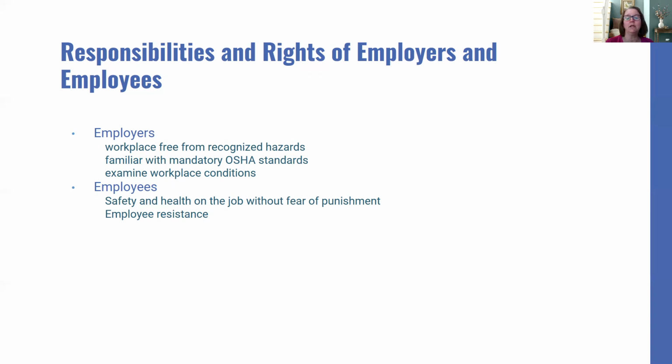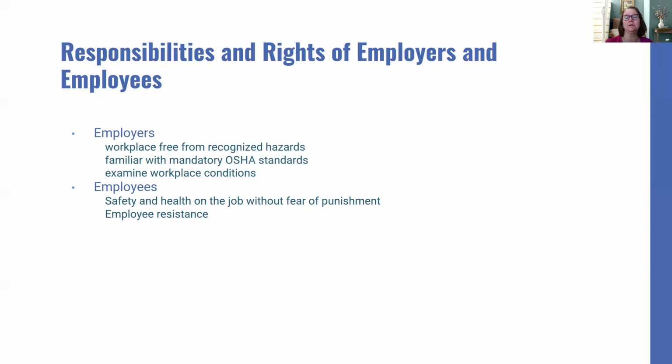The employees also have rights and responsibilities, but OSHA can't cite them for violations of their responsibilities. Employees are responsible, for example, for complying with all applicable OSHA standards, for following all employer safety and health rules and regulations, and for reporting hazardous conditions to a supervisor.